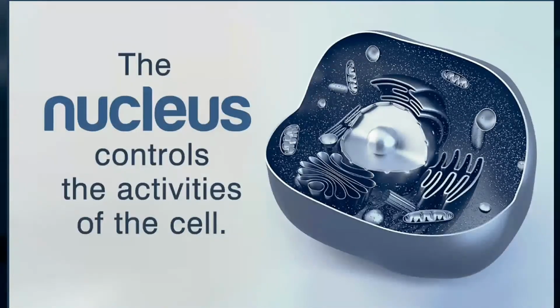Then the next one we talk about is the nucleus. The nucleus is present in all cells, both plant cells and animal cells. The nucleus controls the activities of the cell. That is the function of the nucleus. It controls the functions or the activities of the cell.